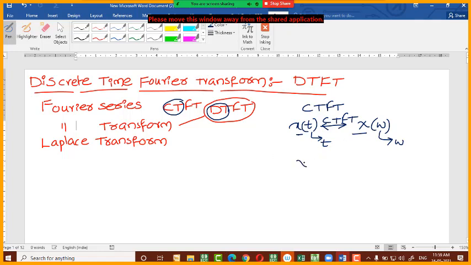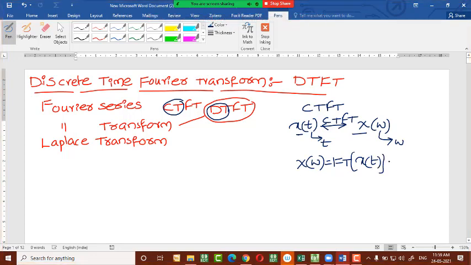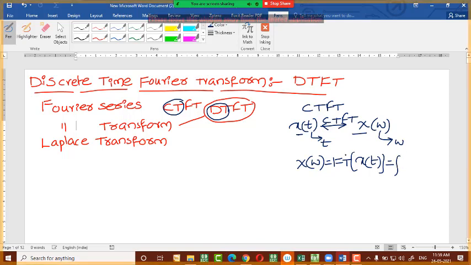So this one already we have seen, and we know the equations also. Those equations also I'm writing here. Fourier transform of x of t is represented with capital X of omega, that is equal to Fourier transform of x of t. Like this we can talk, or x of omega also we can talk. So it is equal to integral. What is the meaning of this one? You have x of t, you are finding the frequency domain representation of x of t.